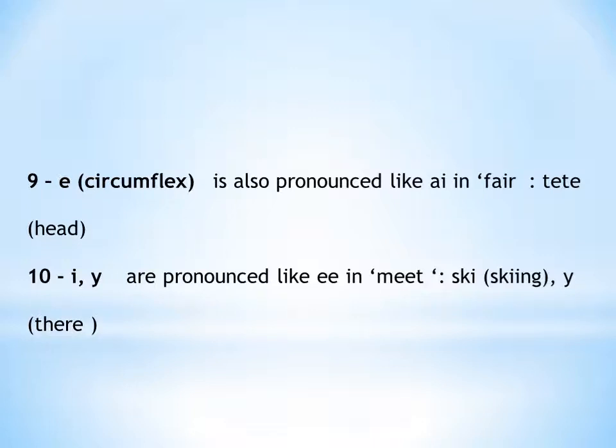Now, the tenth one, I and Y, both of them are pronounced like E. The letters are used differently, but still the pronunciation sounds very much the same. If I have to use I, it's E, E. So, mi, ski. If it is SKI, ski.